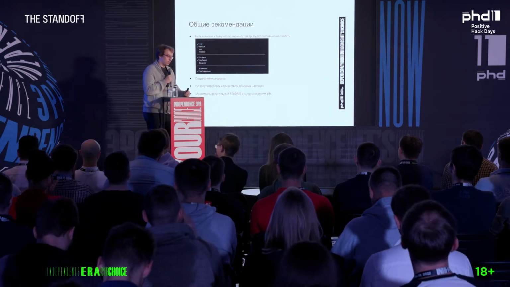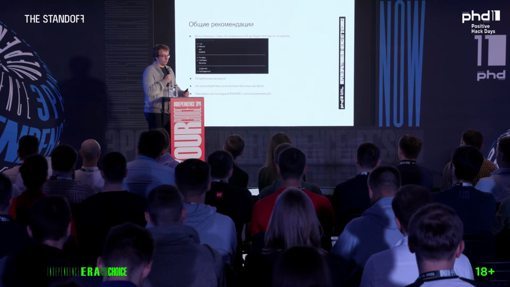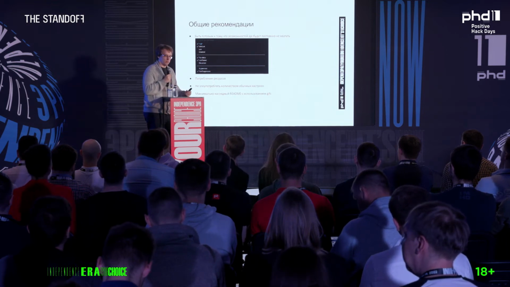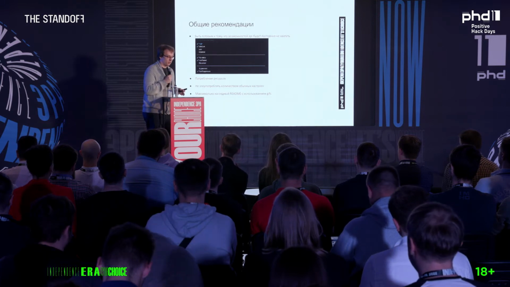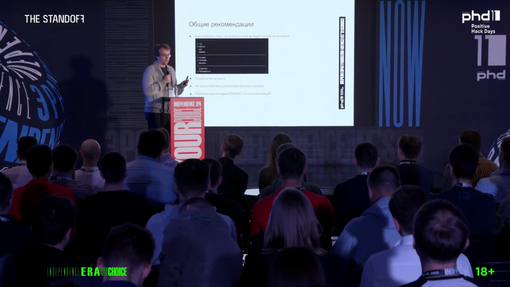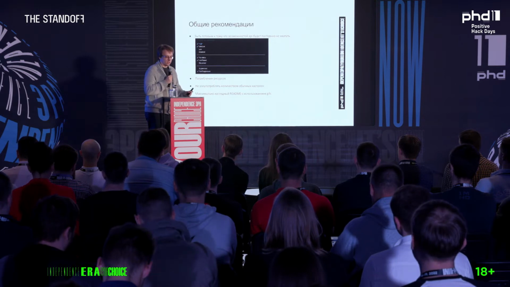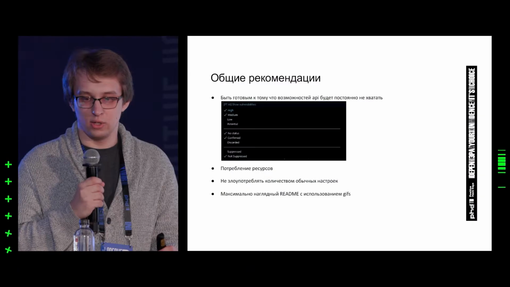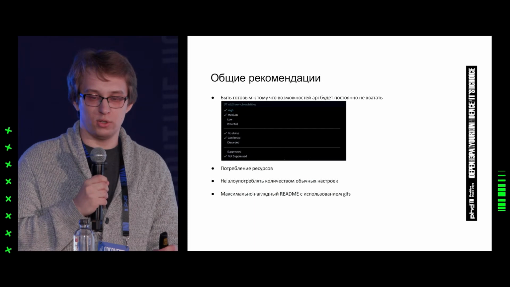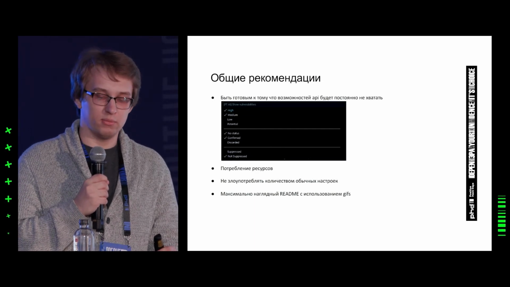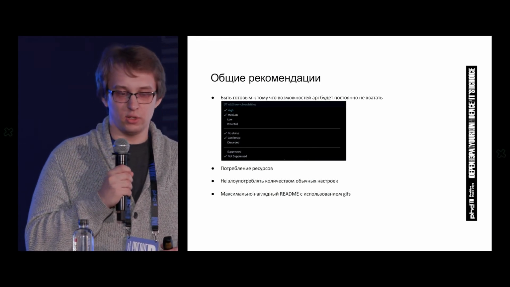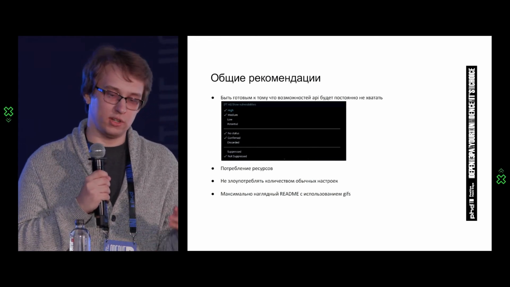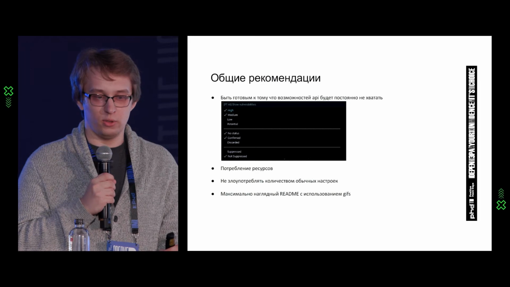Another thing is about the settings. In the settings menu, developers give you a large list of settings, and this is really difficult to understand. So we believe that we should split it.